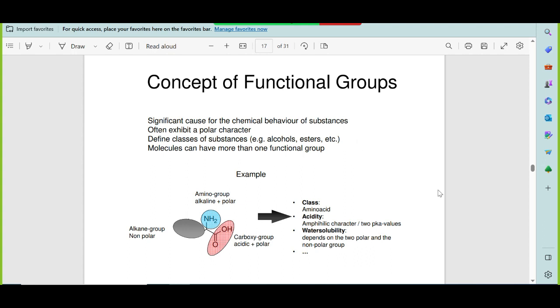The compounds that belong to the same class, and therefore have the same functional group, behave in a particular way. They exhibit a specific chemical behavior and react with some reagents in the same way. Now, of course, the longer the chain is, the reactivity may change a bit, but the reagents remain the same. We expect the same effect and we expect the same compound to be formed.